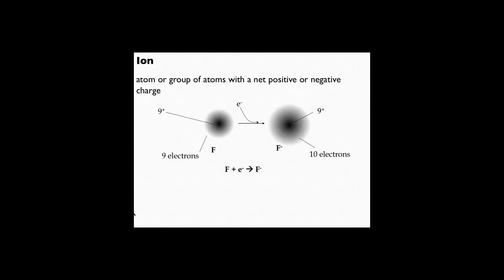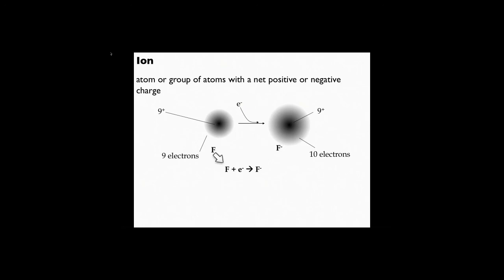We can also form negatively charged ions, and in this case we're using an example of fluorine. Here's our fluorine atom with its diffuse electron cloud of 9 electrons. It has 9 protons in its nucleus, so that's balanced, 9 and 9 for a neutral atom. However, if we add in an electron, now we have 10 electrons surrounding the atom with only 9 protons. So again, there's an imbalance. There's 10 negative charges, 9 positive charges for a net negative charge on the atom, and now this has become a fluorine ion.